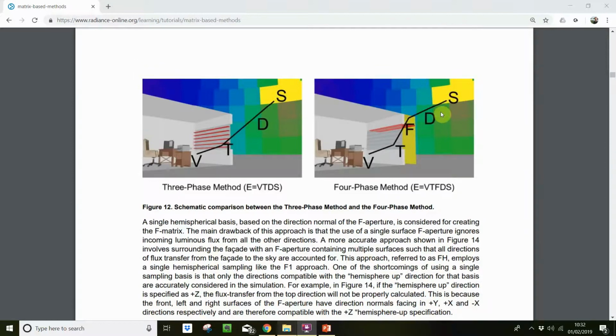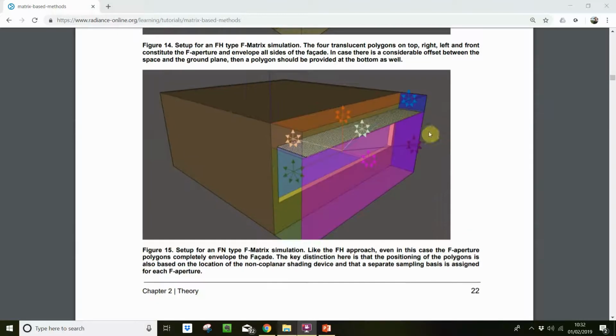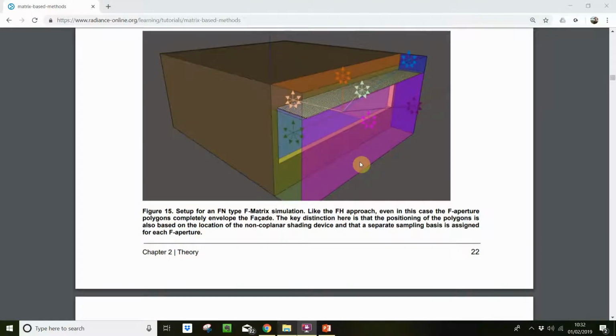And I've also talked about the cost of the high additional data it generates and the reduced level of accuracy, that you need to make sure that the accuracy you are getting from your 4-phase calculation is fit for purpose.